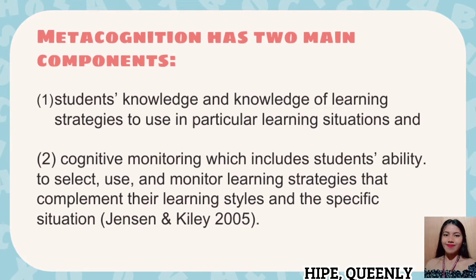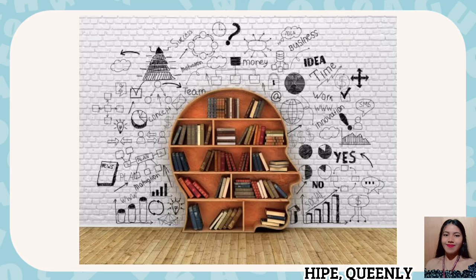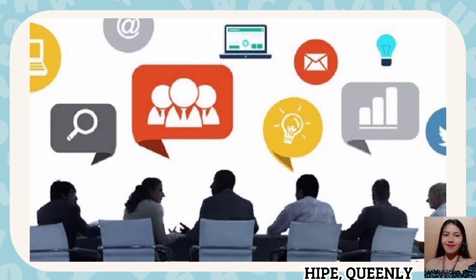Metacognition has two main components: students' knowledge of learning and cognitive monitoring. Knowledge of learning is the strategies to use in particular learning situations. It refers to what learners know about learning: an individual's knowledge of strategies, how to use strategies, and when and why to use strategies.